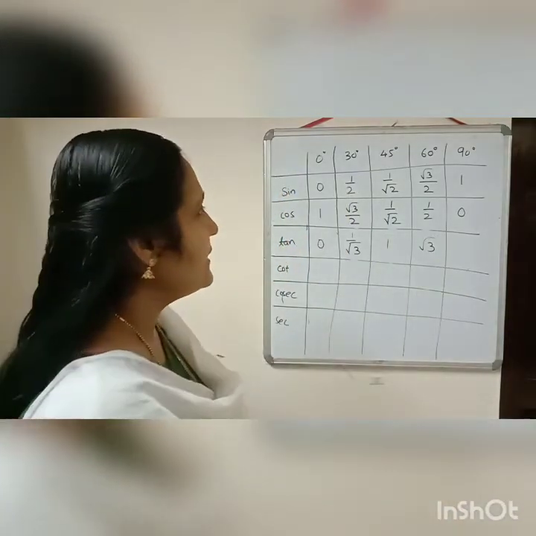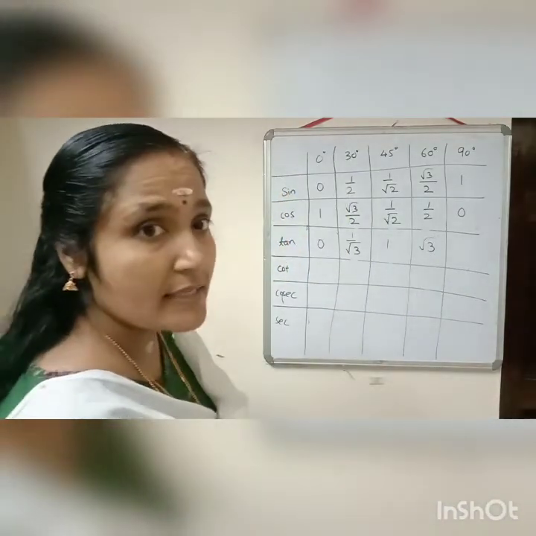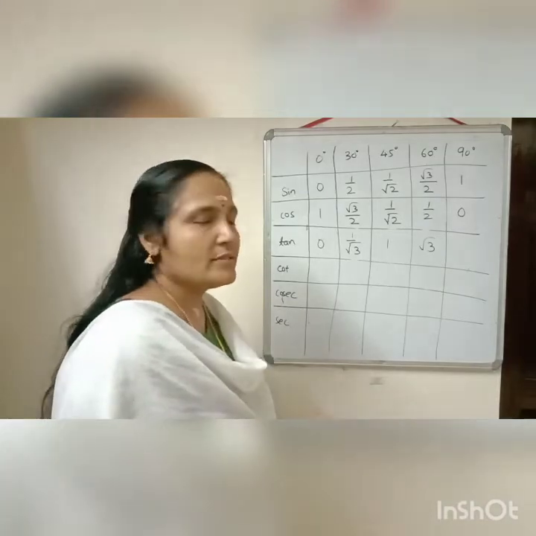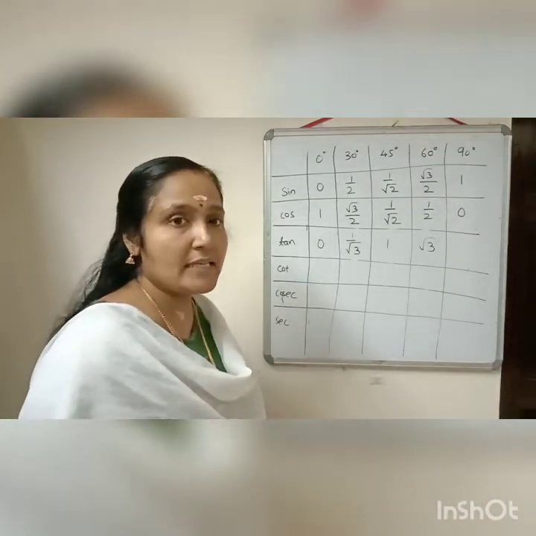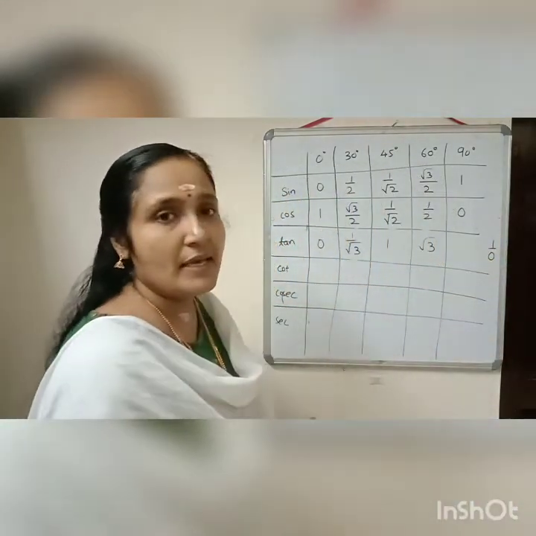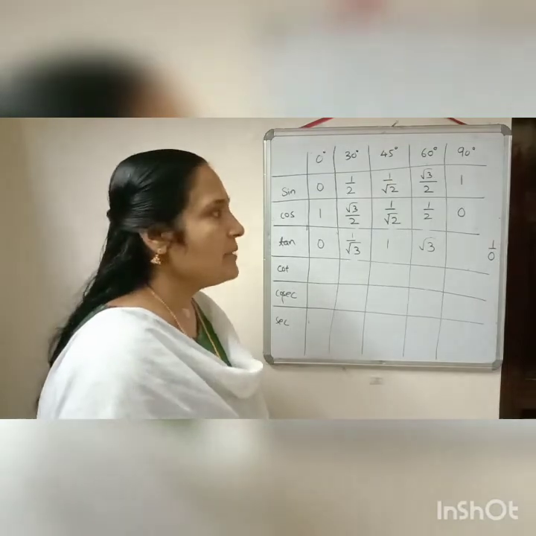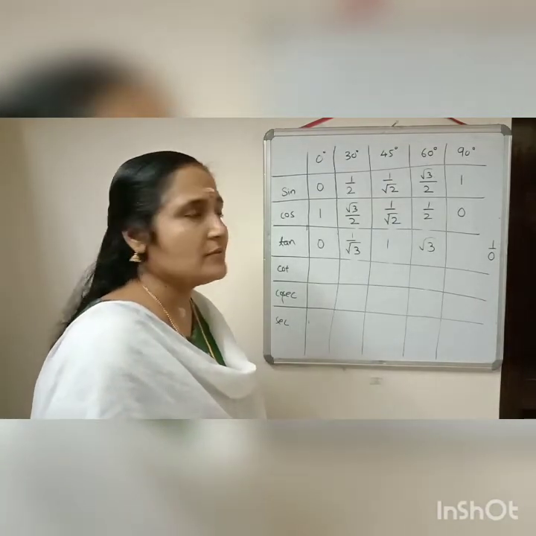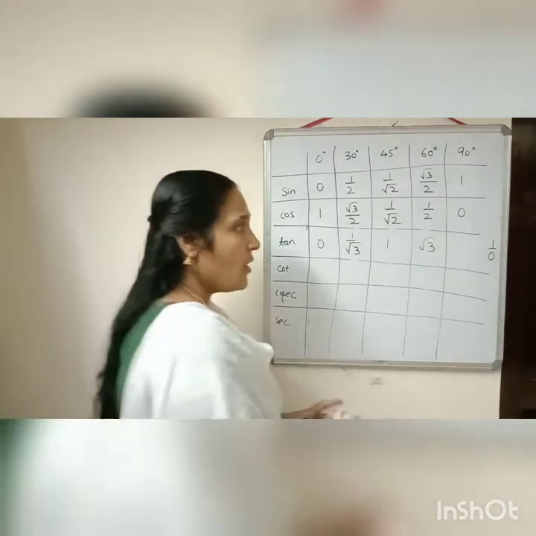Now tan 90 degree, that will come 1 by 0. So in case of rational numbers, when we studied the definition, they gave the particular instruction that denominator should not be equal to 0, because if denominator is equal to 0, its value is not defined.